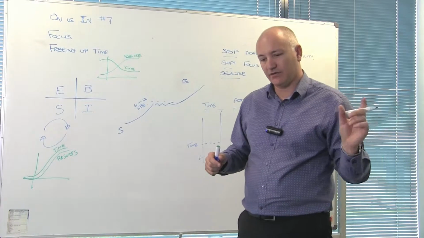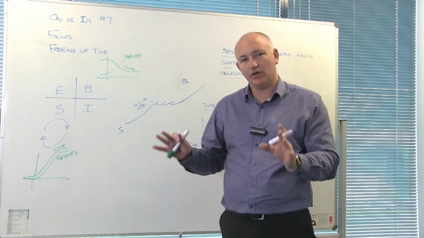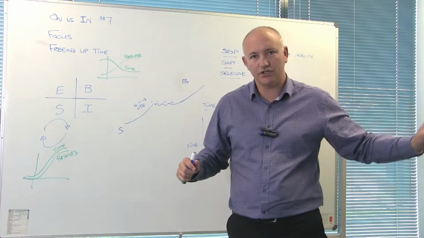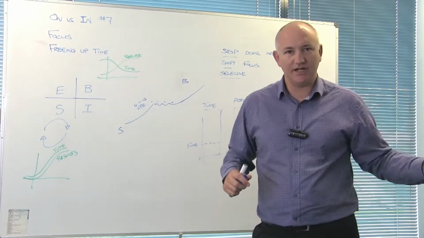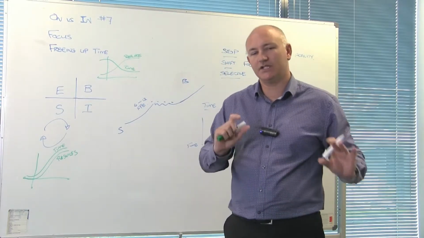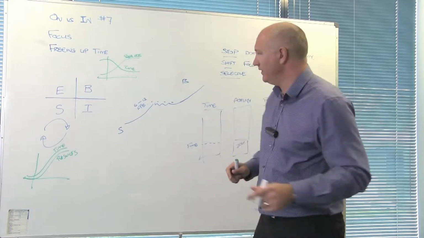So we need to be selective around what's coming in and what we're going to work on now. And if we can't work on it right now, shift it to a future time, like next Tuesday at 3 o'clock. So we actually need to manage our diary very effectively and find spots in it and be disciplined around that.